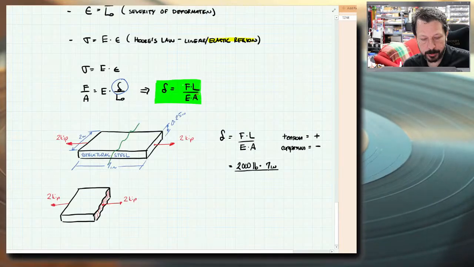E, for structural steel, I don't know if you remember, but if you go back to your chart, structural steel is 29 million psi. A is the cross-sectional area, the little red shaded area, which is 2 inches by 0.25 inches.